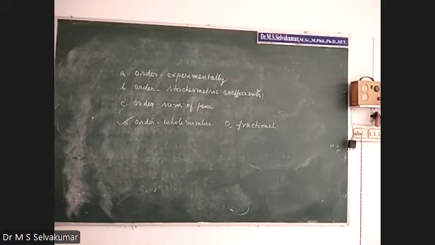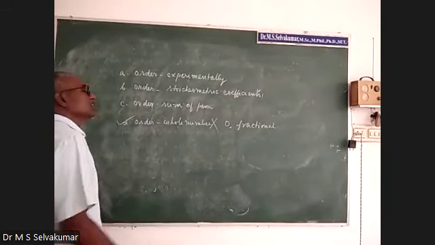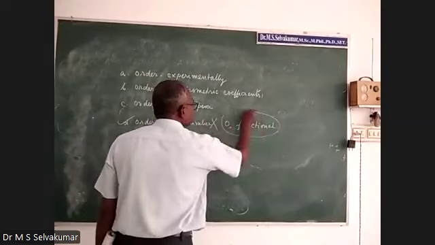And in a reaction, the stoichiometric coefficients influence the order of the reaction. That is true. And the very definition of order is the sum of the power terms of the reactants in the rate expression. But order need not always be a whole number. It can be 0 or it can be fractional.